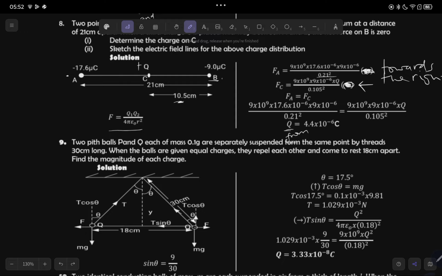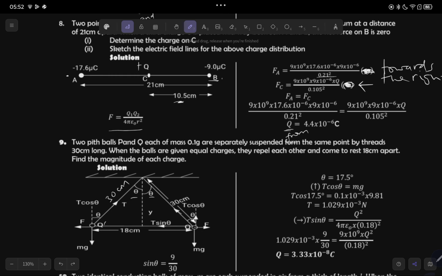So let those charges be Q and Q, as shown on the diagram. They are a distance of 18 centimeters apart. By the time they come to rest, we assume that the strings make an angle theta with the downward vertical. The string length is 30 centimeters.